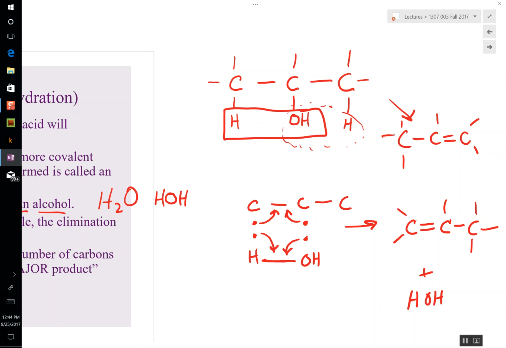We're starting out with that OH right in the middle, so that we could have two hydrogens to choose from. But in this particular case, if I got that product or that product, is there any difference between those two products? Those are superimposable on one another. They both have the same name. Simply propene is the name of our product.